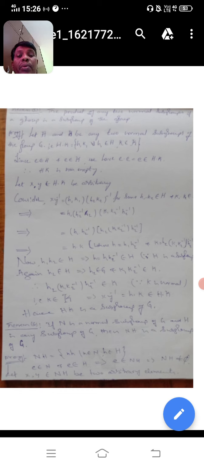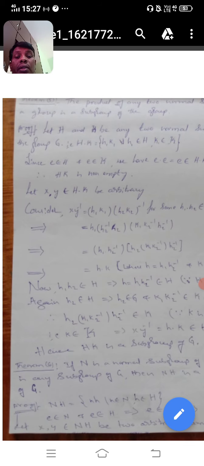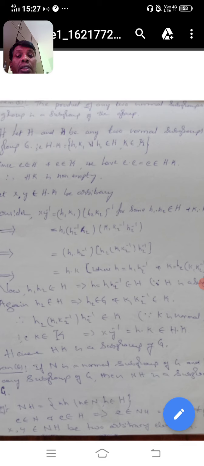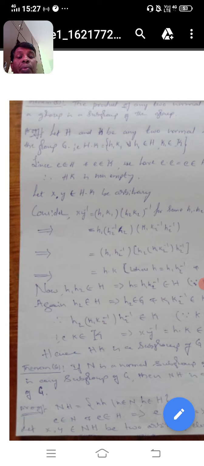Since e belongs to H, e means the identity element belongs to H, and e belongs to K. So e into e equals e, where e means the identity element, belongs to HK. Therefore, HK is non-empty.